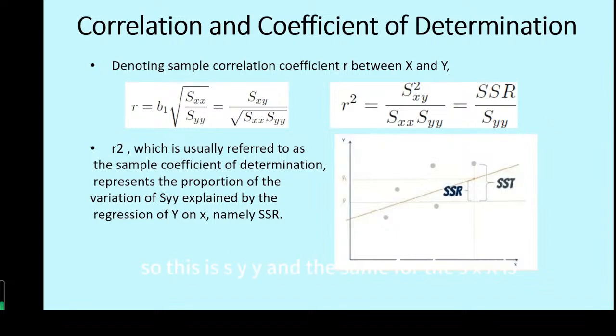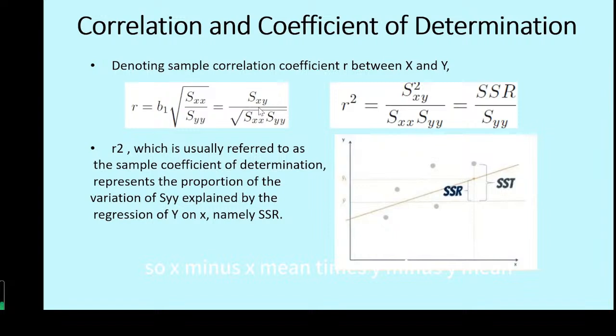So this is syy. And the same for sxx: it is the sum over all the observations of the x variable against its mean, then take the square, then sum together for all the x variables. And sxy is the sum of all the multiplications of x against its mean times y against its mean.